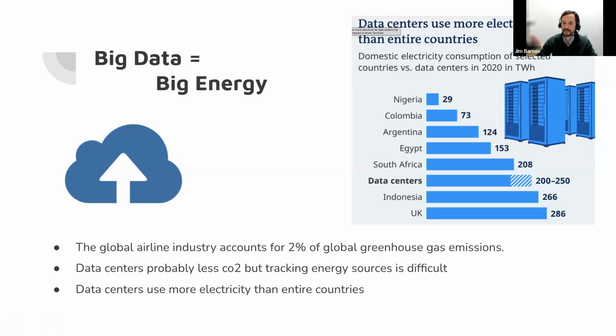But to put it in perspective a little bit, they also use more electricity than entire countries. All the data centers in the world basically use about the same amount of energy as the UK. So there's a lot of computers out there storing a lot of people's data, and it's only increasing.